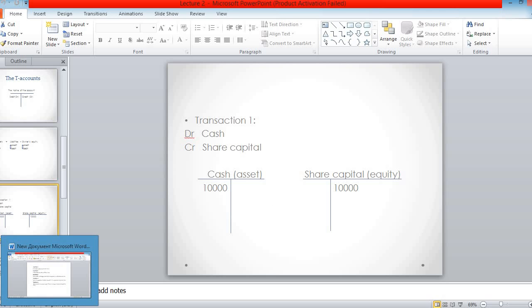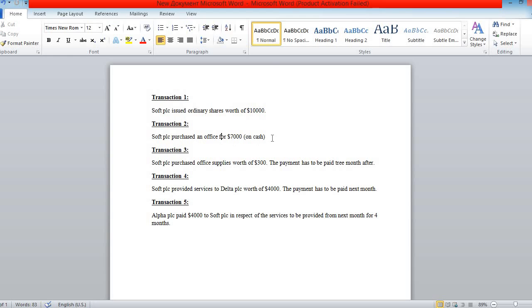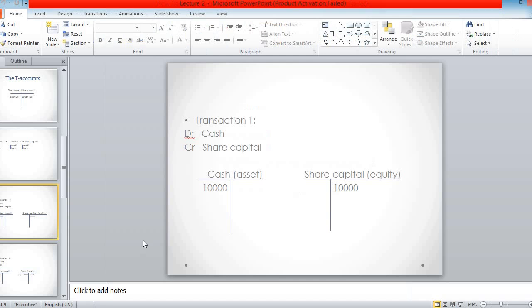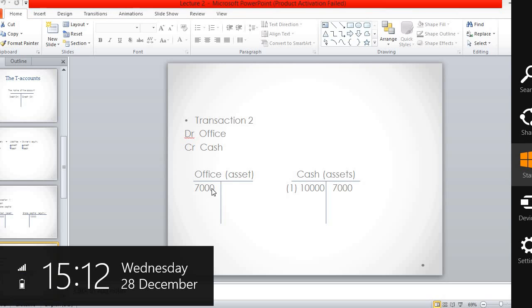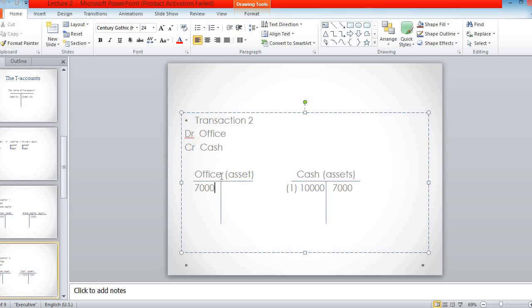So let's move to the second transaction. In the second transaction, Soft PLC purchases an office to work on for $7,000 cash. So the transaction 2. Office is an example of assets, and we'll say office as property, plant and equipment in the future, but so far we'll notate it like office.